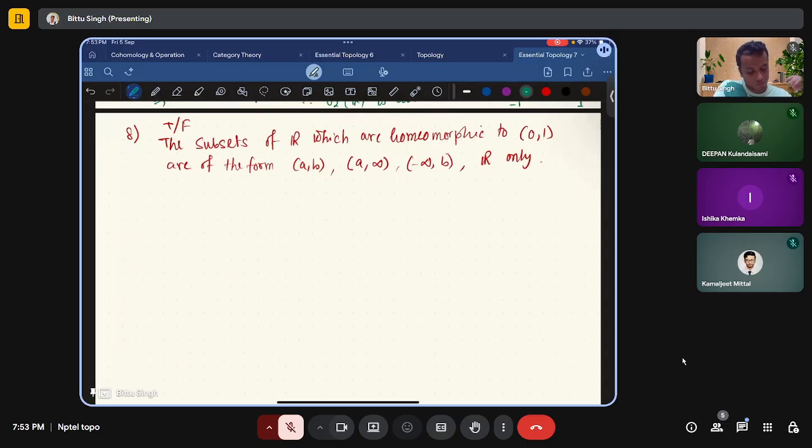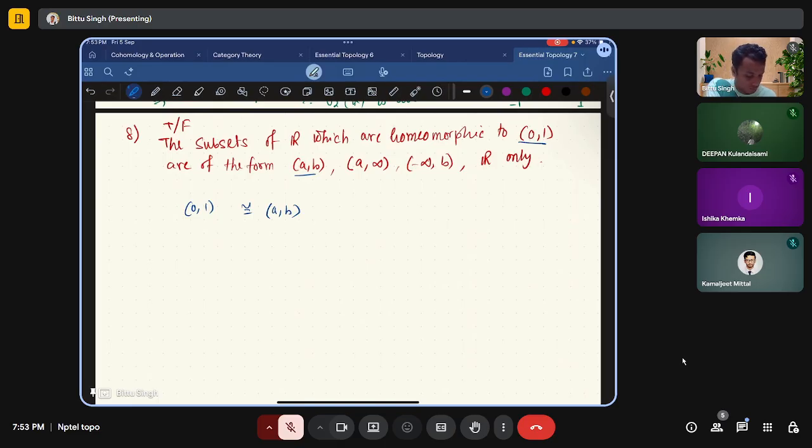The subsets of R which are homeomorphic to 0, 1. Can you see which of the following are homeomorphic to 0, 1? Can you see that 0, 1 is homeomorphic to AB? This is nothing but stretching and shifting, that is some scalar multiplication and shift by some scalar constant.